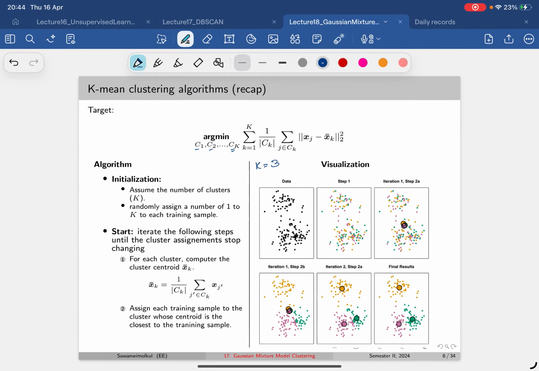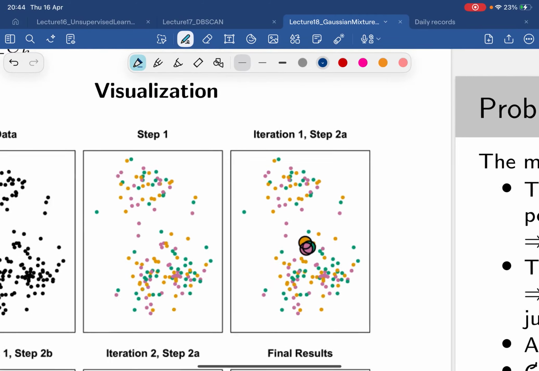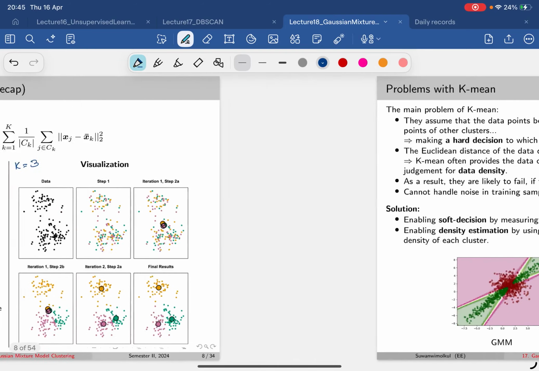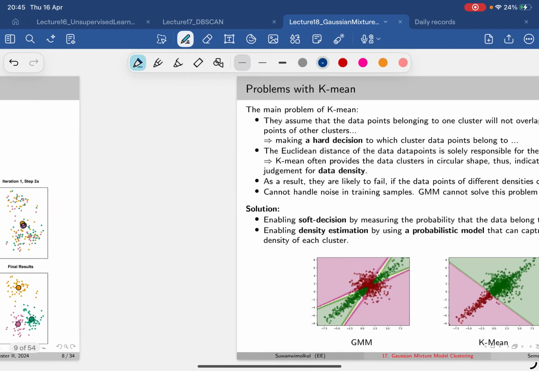The technique we are about to learn today will be somewhat similar to K-means clustering, except that K-means depends on the distance between data points and the centroid, whereas in Gaussian Mixture Model, the model will also consider the distribution, in addition to the centroid.